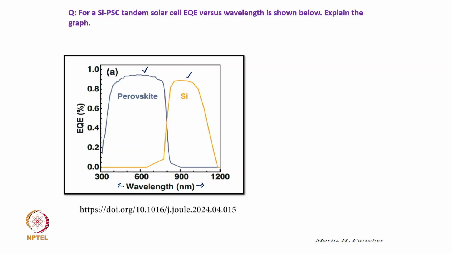So, it absorbs photons of higher energy or lower wavelength, and therefore, its quantum efficiency is high for lower wavelength photons, as shown here. And silicon absorbs photons of higher wavelength, that is lower energy, and therefore, the quantum efficiency of silicon in this tandem configuration is higher for higher wavelength photons, and this is demonstrated in this graph.